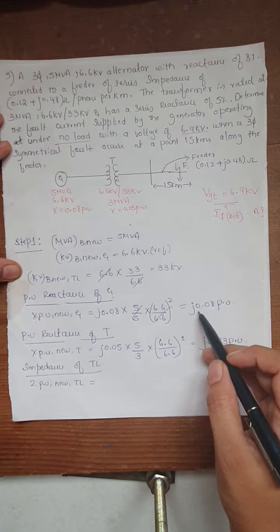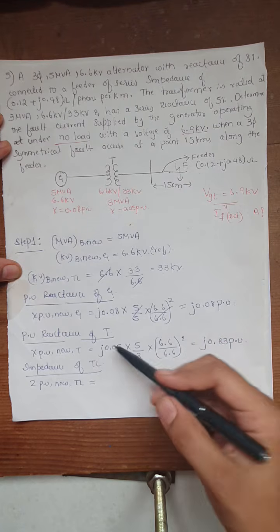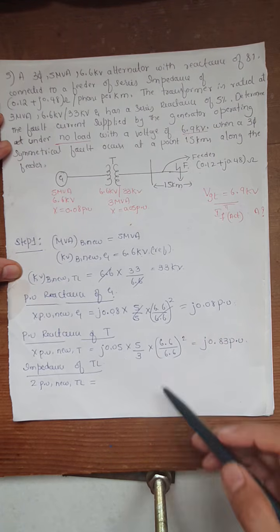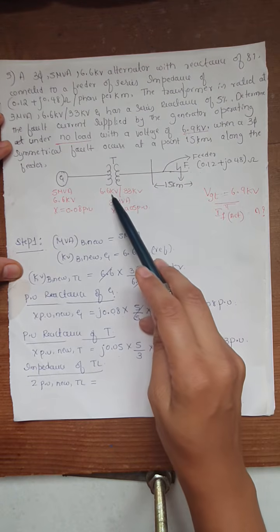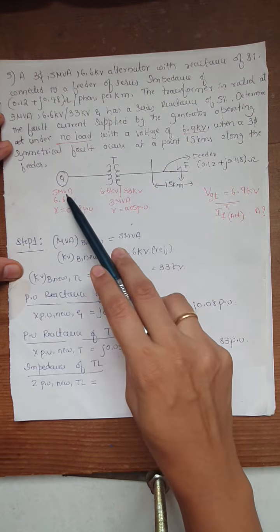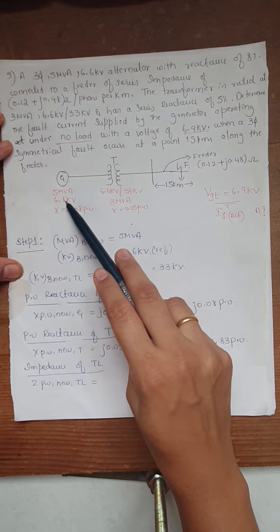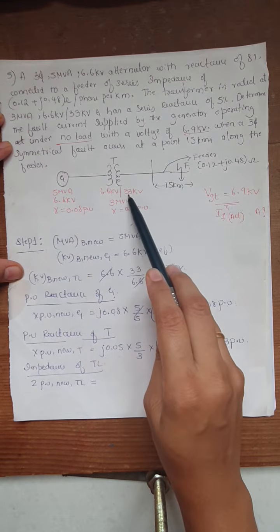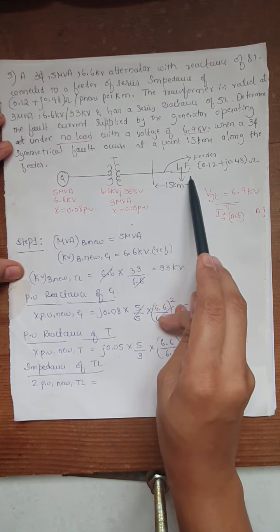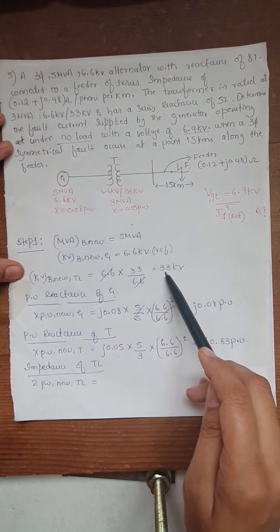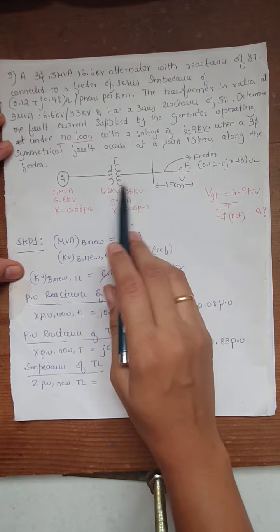We got the answer as j0.08 per unit. Similarly I have done it for the transformer, you can just look at the calculation. Here I have considered the primary side 6.6, which is connected to the generator, and the new value of the generator is 6.6. In the same way, if you cross-check for the secondary, 33 is the voltage value connected to the feeder, which has the value 33. So you will get the same answer on both sides.